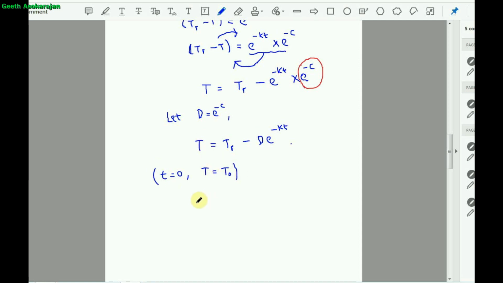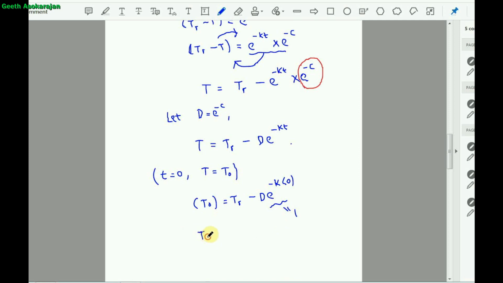So if I plug in the data, capital T, which is T0, is equal to TR, the room temperature, minus D e to the minus K into small t, which is 0. Now, minus k times 0 is 0, and e to the 0 is simply 1.